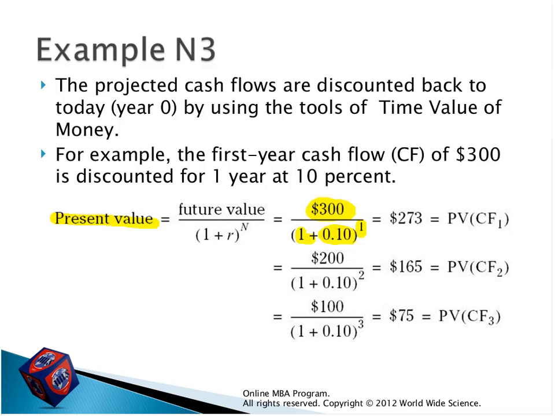And the result comes with the present value, which is 273. It's only for the first year. So we use only this formula, not, as you think, just deducting the 10% from the amount. That's a different thing.